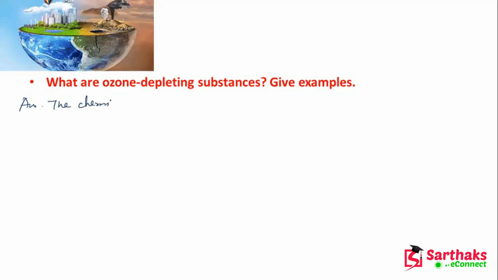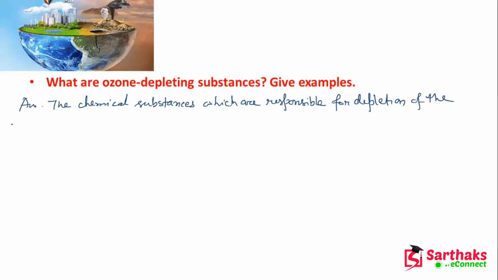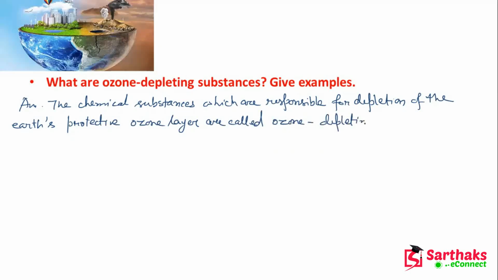The chemical substances which are responsible for depletion of the Earth's protective ozone layer are called ozone depleting substances, ODS. Okay.